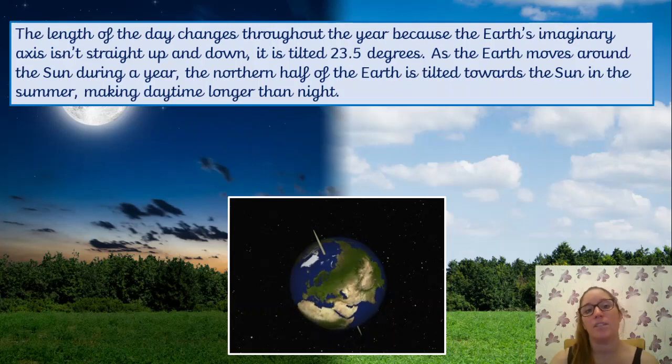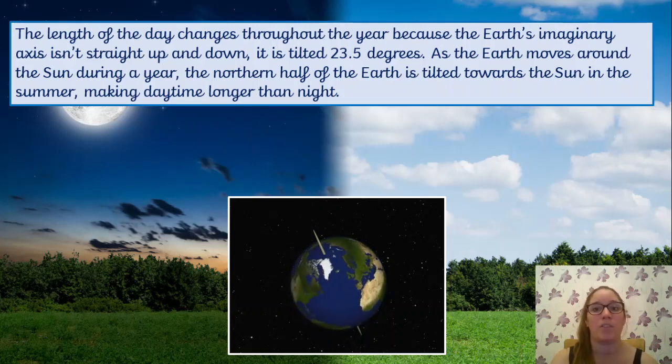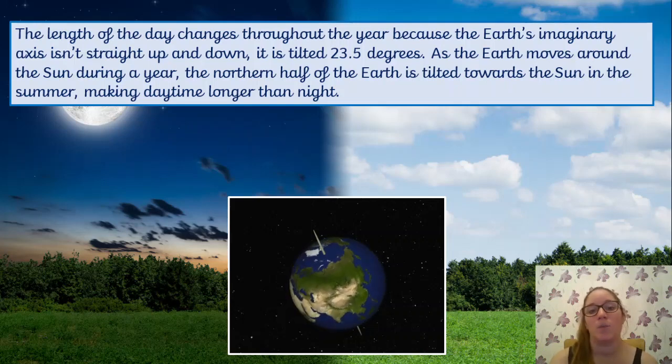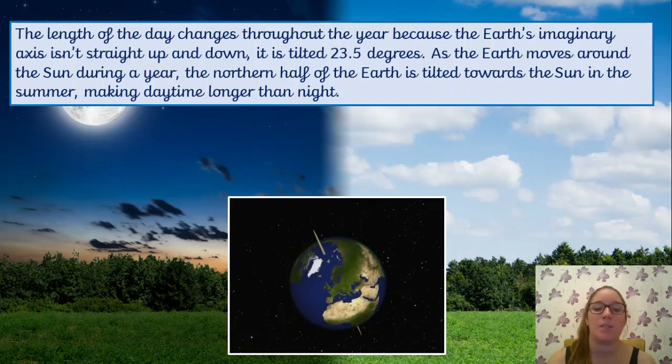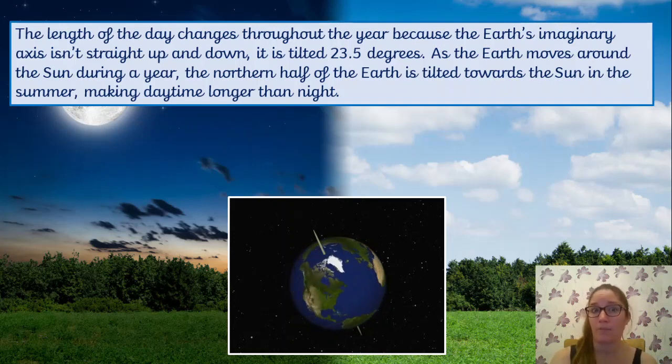The length of the day changes throughout the year because the Earth's imaginary axis isn't straight up and down. It's tilted around 23 degrees. The video said 23.3, the information I researched was 23.5, so there's probably a little bit of give and take there.